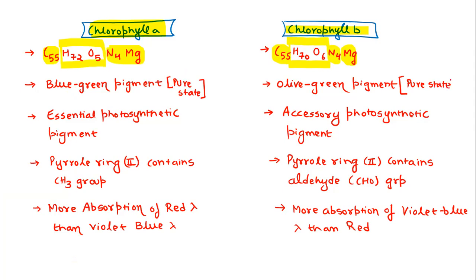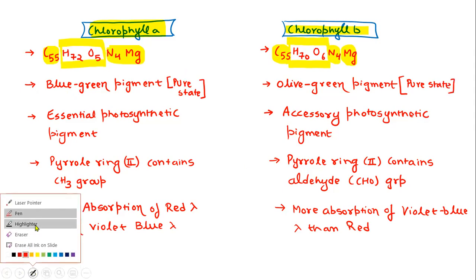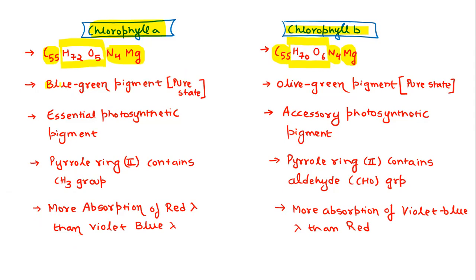We are talking about their purified states or even the crystallite state that we are considering. So chlorophyll A is a blue-green pigment, while chlorophyll B is an olive-green pigment in its pure state. As everybody knows, chlorophyll A is an essential photosynthetic pigment, while chlorophyll B is an accessory photosynthetic pigment.